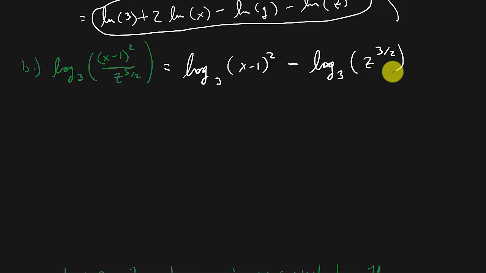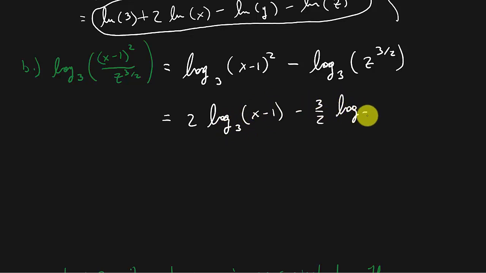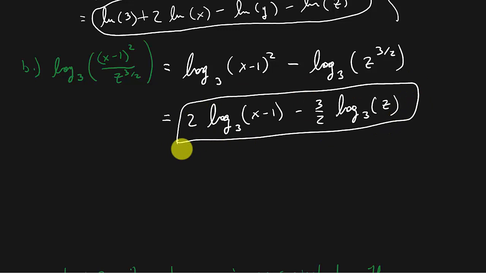All right. Now, let's move the exponents in front. So that's going to be 2 log base 3 x minus 1 minus 3/2 log base 3 of z. Okay, and this is your answer.